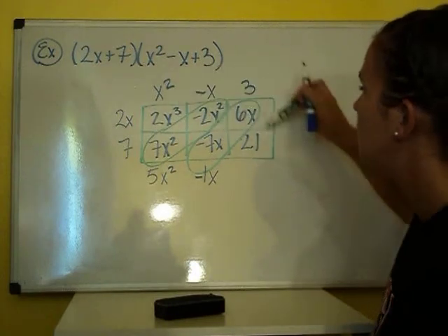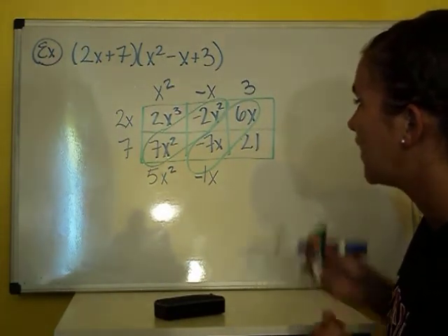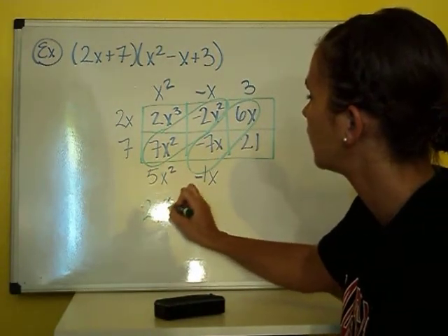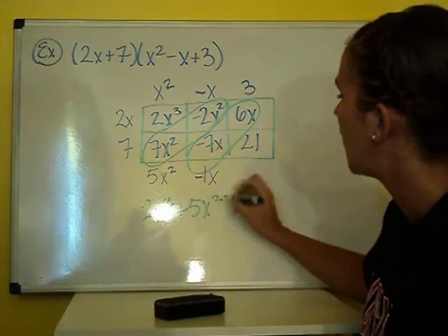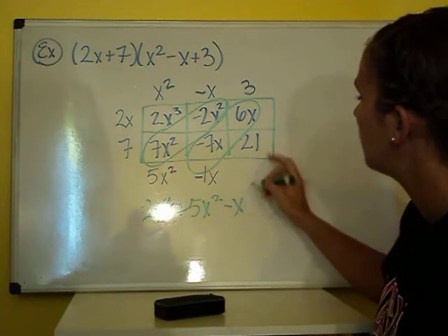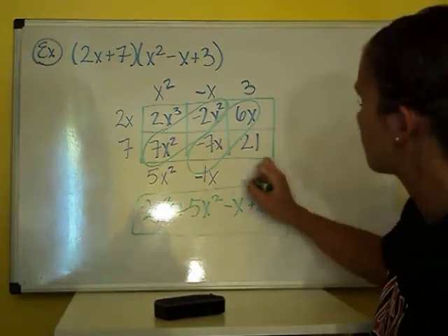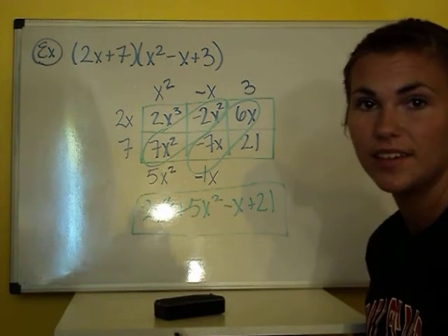The 2x cubed and the 21 cannot be combined with anything else. So my final answer is going to be 2x cubed plus 5x squared minus 1x plus 21. And that is multiplying polynomials.